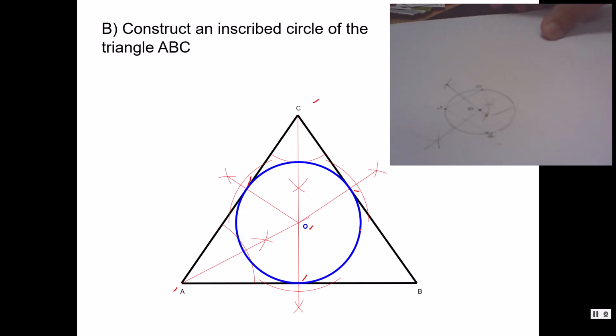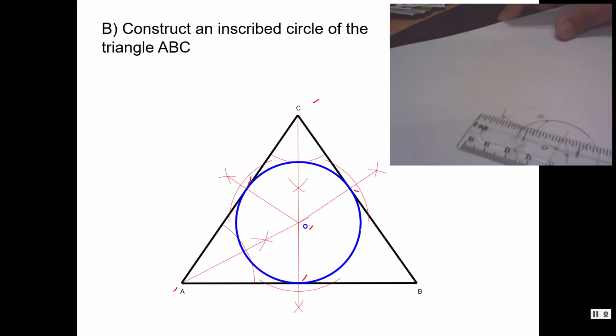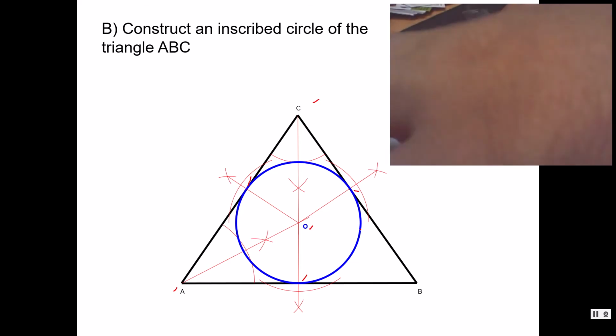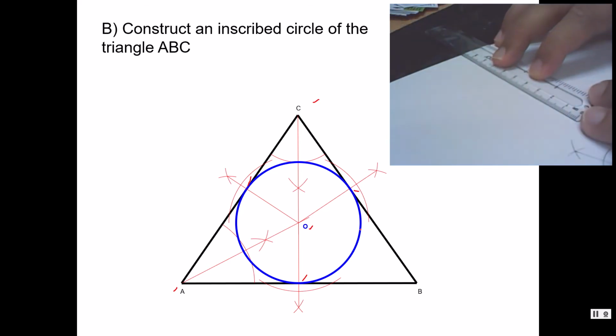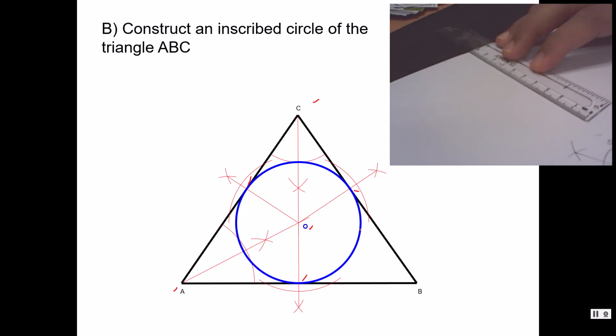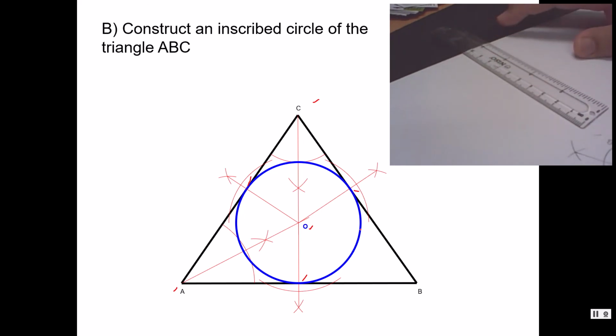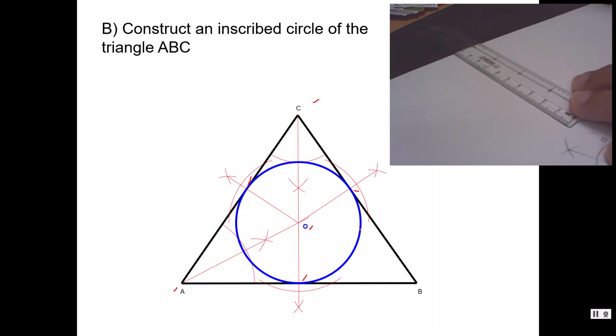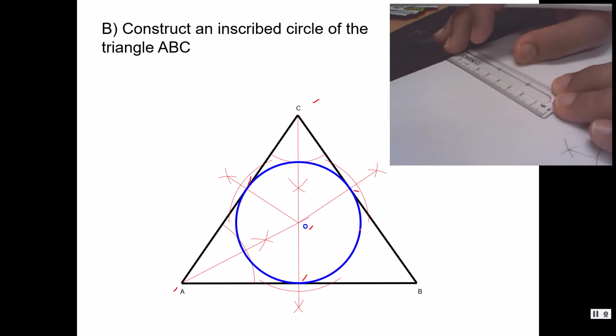So let's just draw the circle ourselves first. Okay, so for this one, it is an equal-angle triangle, so that means that the distance should be the same.